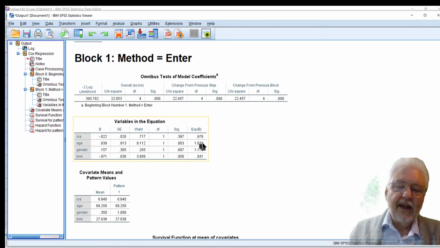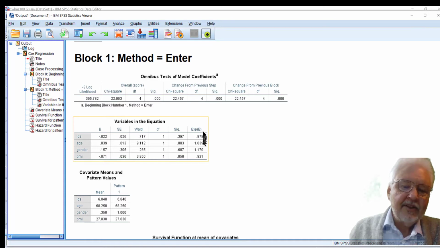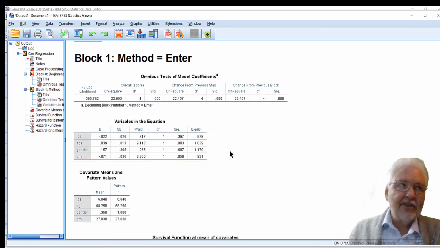Now, these components, what do they mean? What these refer to is the hazard. It's proportional hazards. Proportional hazards are the same thing as relative risk. It's just another way of saying relative risk. It's not exactly computed the same because these are continuous variables, but the concept is the same.